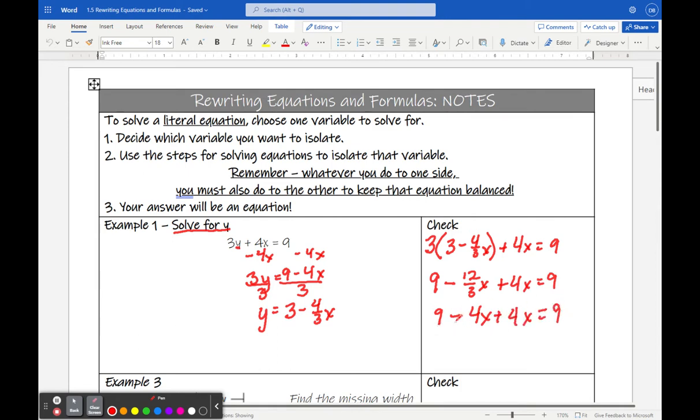Combine like terms, and I have negative 4x plus 4x, so that's no x's at all. 9 equals 9. It is a true statement. So this is my solution: y equals 3 minus 4 thirds x. I know, it looks crazy, but that's the solution.